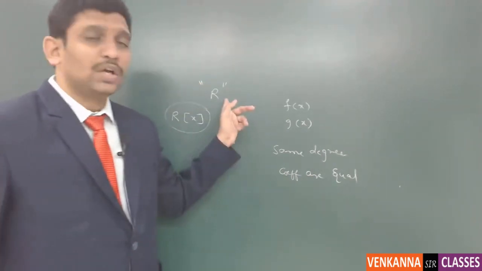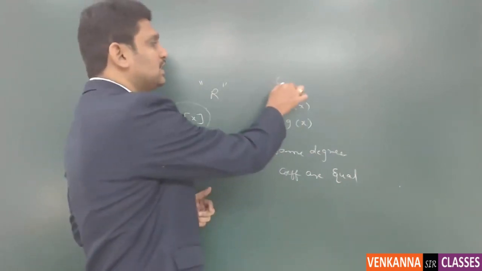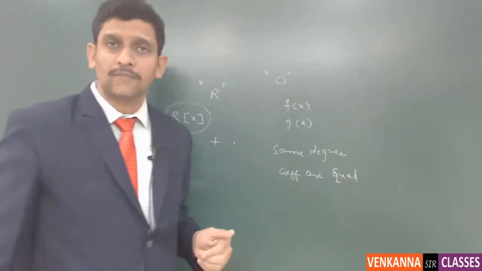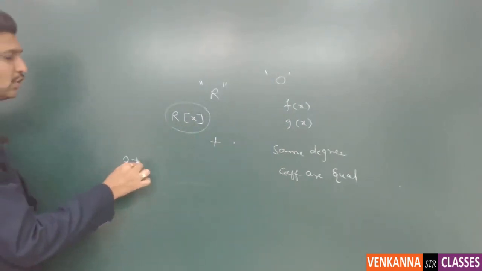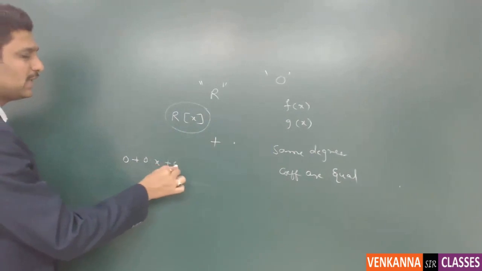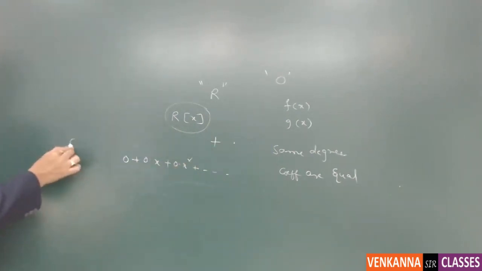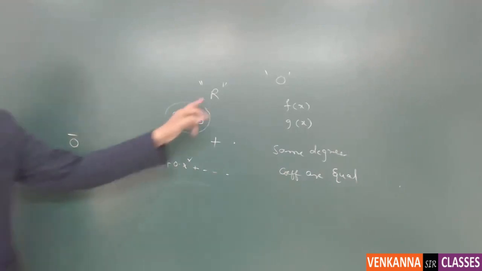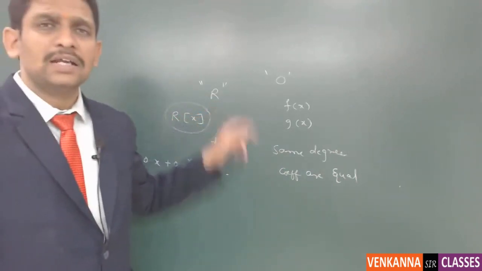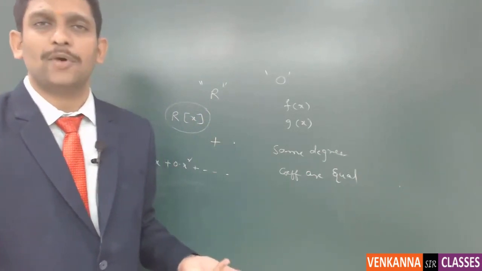Obviously, if you take the ring R, it always contains the zero polynomial. In R of x, we write it as 0 plus 0 into x plus 0 into x square plus so on. This is the zero polynomial. Symbolically, we write it as 0 bar. Also, every element in R can be treated as a constant polynomial.